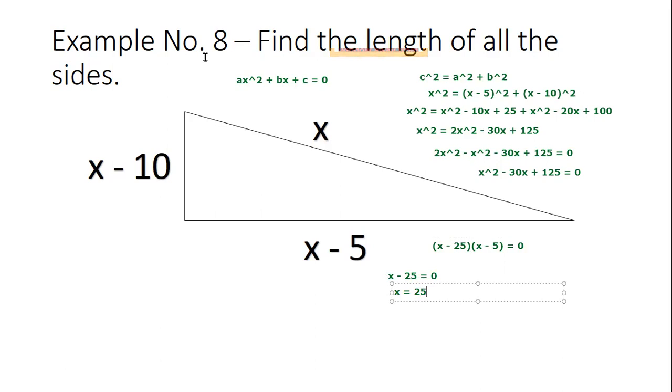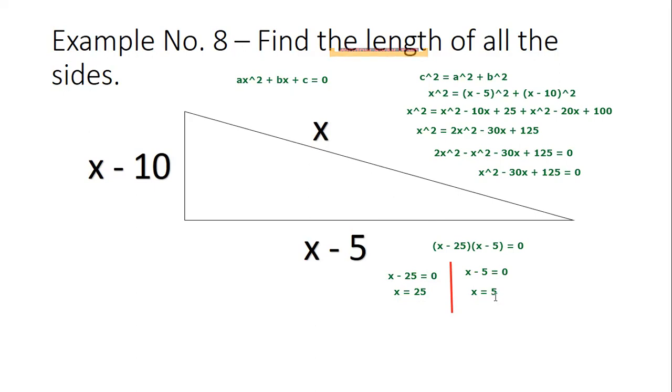On the other hand, this equation here is x minus 5 equal to 0. Using the addition property of equality, add 5 to both sides of your equation. The value of x now is equal to 5. However, 5 is the hypotenuse.